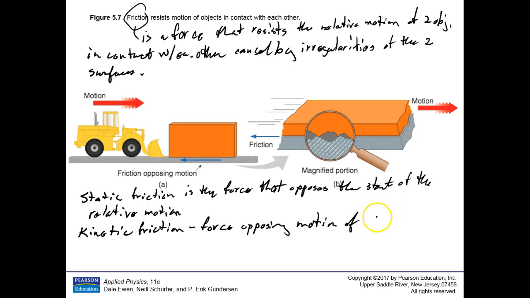It sounds like it's contradictory, but it's not. When I pull on that table and it finally starts moving, it takes less force to keep it moving, but it's still a lot of force because I'm having to overcome kinetic friction. So the kinetic friction is the force opposing motion. Once they are moving, there's still a force that you have to overcome to keep them moving. Okay.